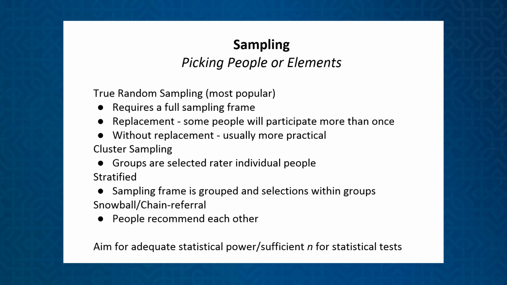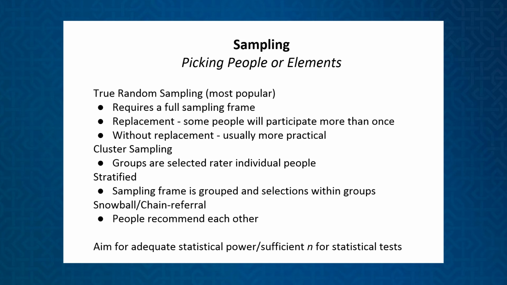But basically, we're targeting those groups, and we're going to sample them at different than equal proportions, right? And so you're getting picked within your stratum instead of across everybody, as would be the case in random sampling. There's also various forms of convenience sampling, snowball and chain referral and these ones.